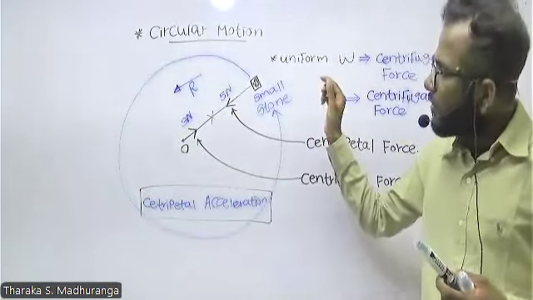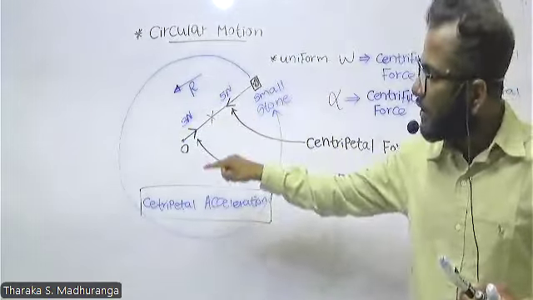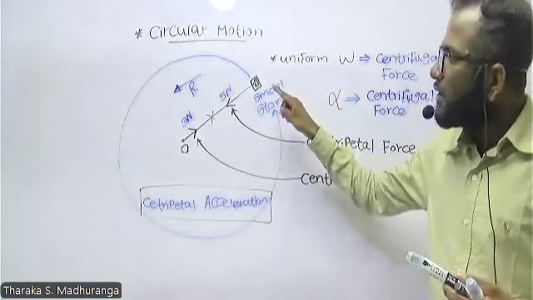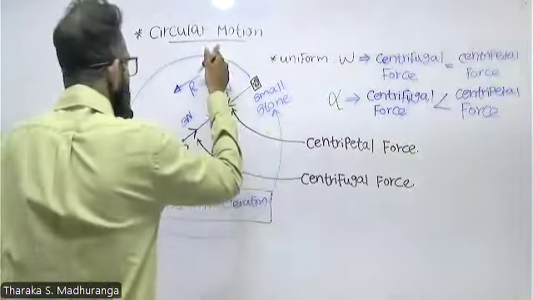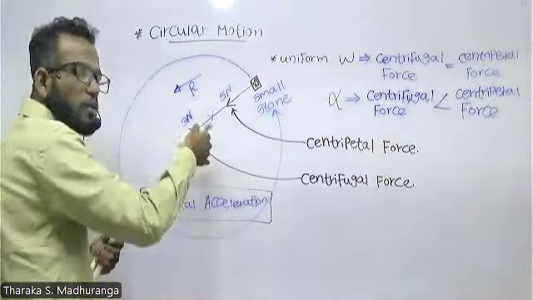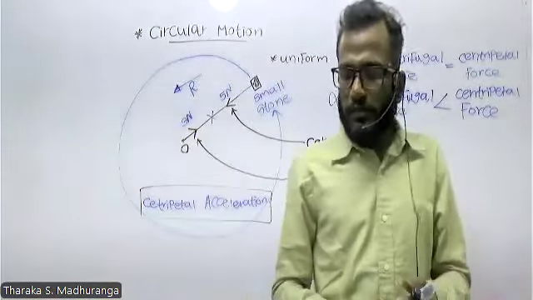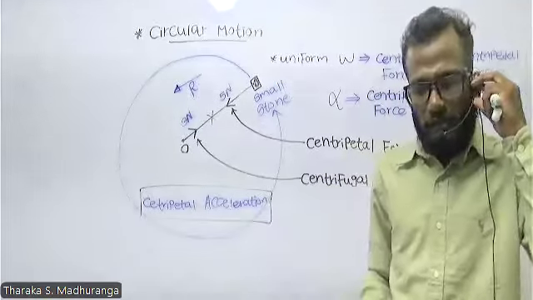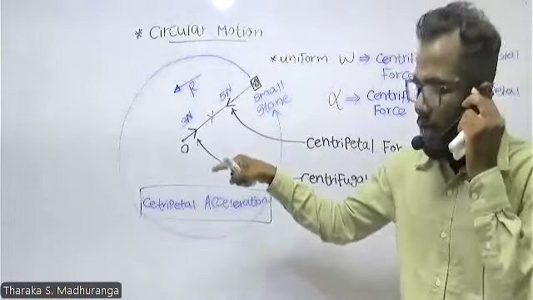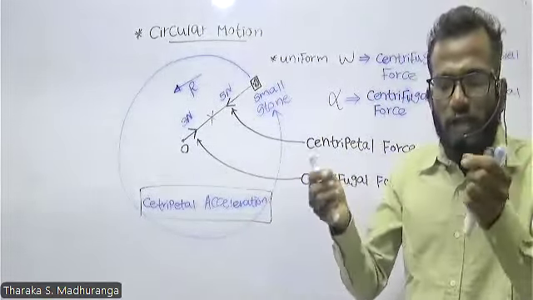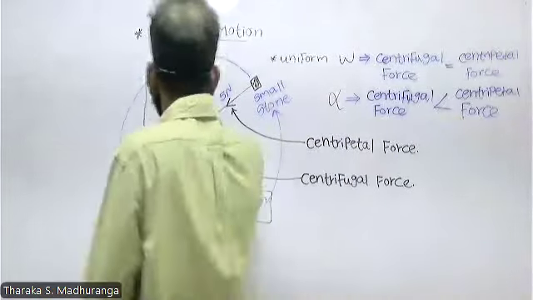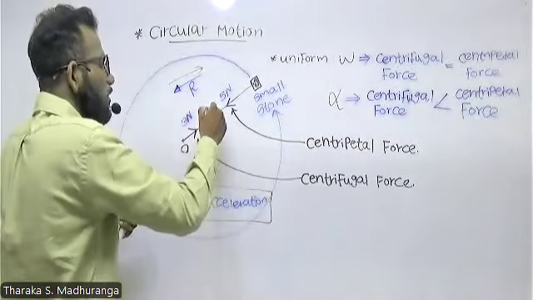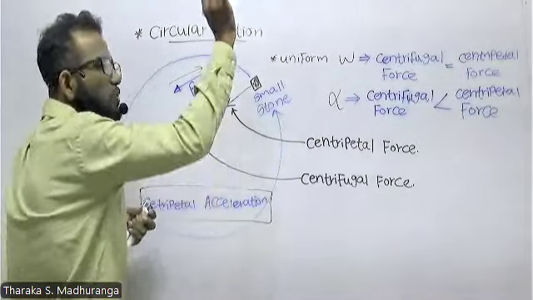If the object is going on the path, the resultant force, unbalanced force, is acting towards the rotational axis only. If the unbalanced force direction is changed into the outer direction, what happened? This string breaks down and it goes out.